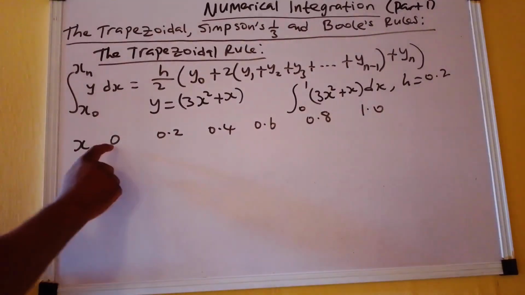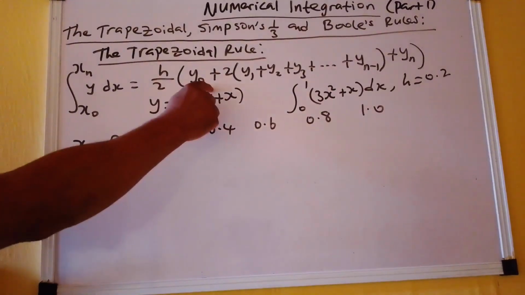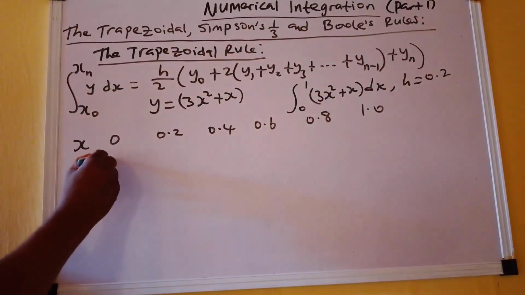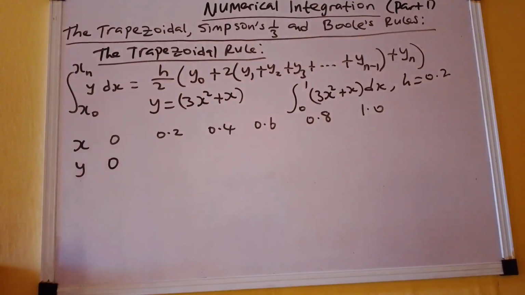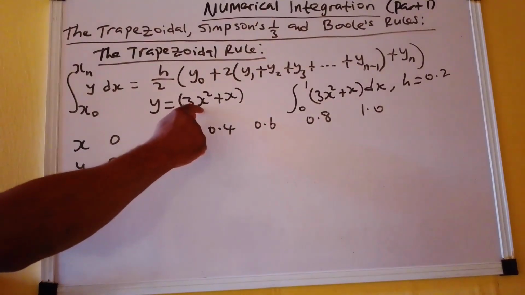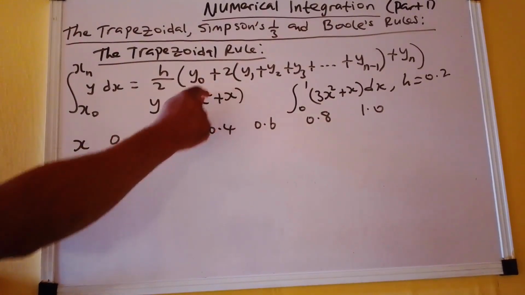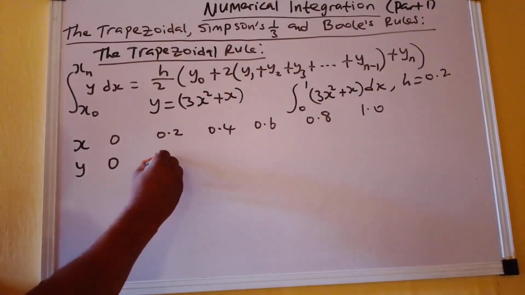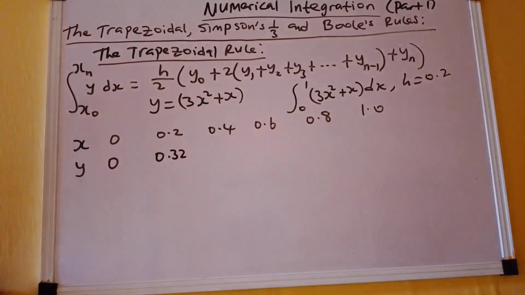When x is 0, 0 squared is 0, times 3 is 0, plus 0 is 0. When x is 0.2, 0.2 squared times 3 plus 0.2 gives 0.32.